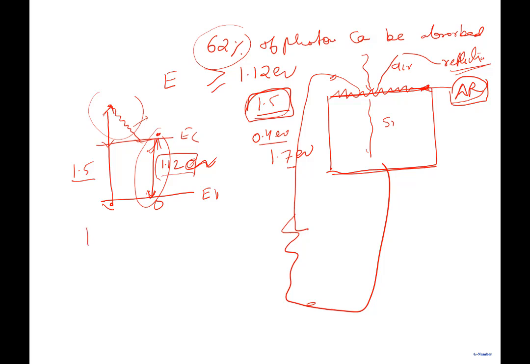So from 1.12, the amount of energy that the voltage is able to generate in the external circuit is only about 0.7, because as you will see, it's basically a diode. So you're only left with 0.7. So what is happening? You're absorbing 1.5.